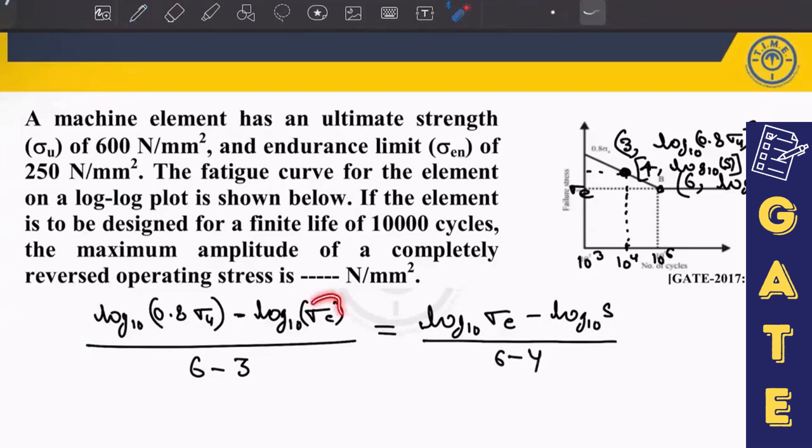So from here, each and every value is given: ultimate strength is given, endurance limit is given. So you have to calculate the strength value. How many of you got the answer?